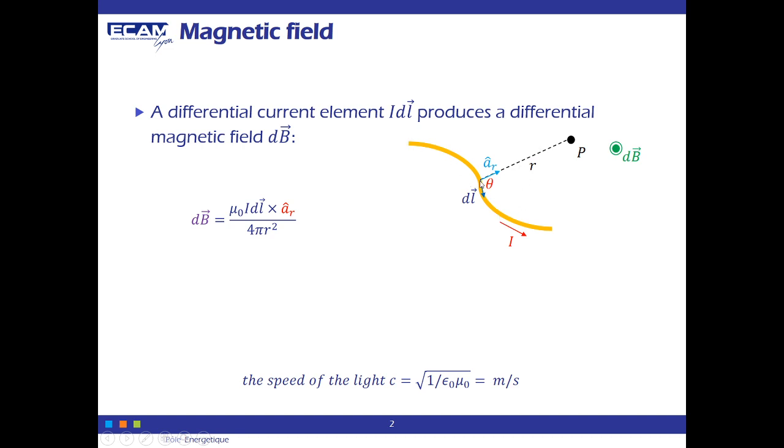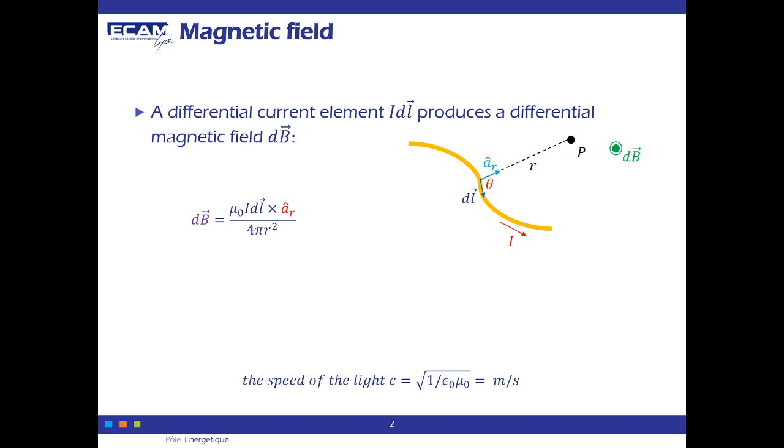We selected on this representation a single one of the dls among the billions of dls, and the unit vector aR towards the field point matters for finding the flux density, the B vector. Of course, this is not like the electric field: it is not the dot product but the cross product.